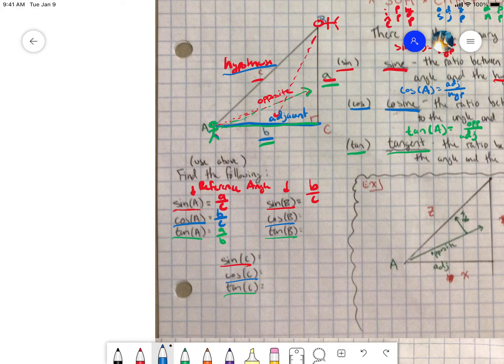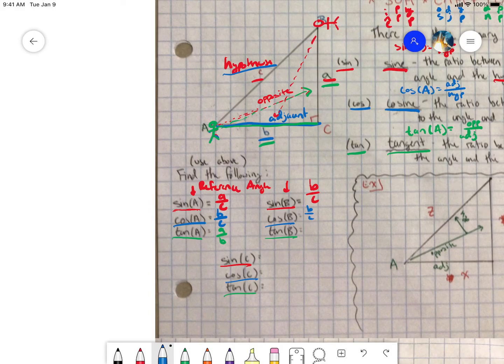What about cosine of B? Give someone else a chance. What's cosine of B? Anyone on Zoom, maybe? All right, Mason, what's up? What's cosine of B? B over C. Okay, so cosine of B is adjacent over hypotenuse.